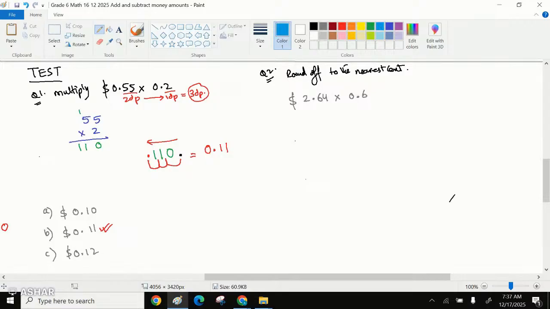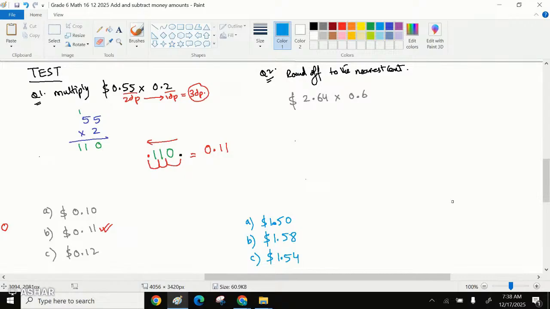I'll write down the options. Option A is given as dollars 1.50. Option B is given as dollars 1.58, and option C is given as dollars 1.54. Let's see what is our answer.